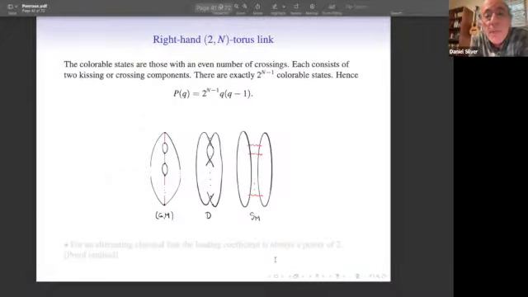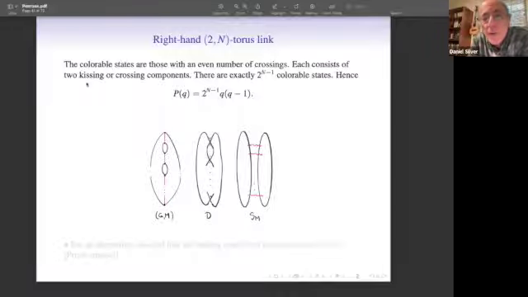Okay, let's talk about the right-hand 2n torus link. Very different. The colorable states are those with an even number of crossings. It's not too hard to see. Each of these consists of 2 kissing or crossing components. There are exactly 2 to the n minus 1 colorable states. Why? Because you're summing up all the possibilities of n choose k where k is even, and that's going to be 2 to the n divided by 2.